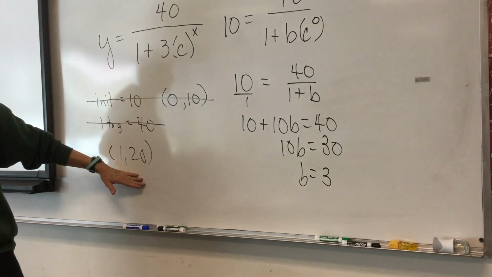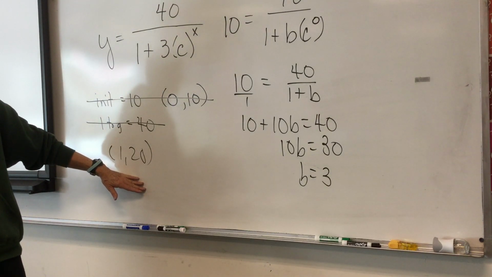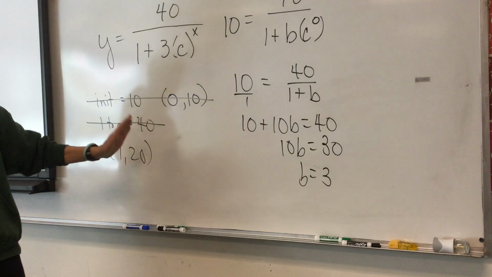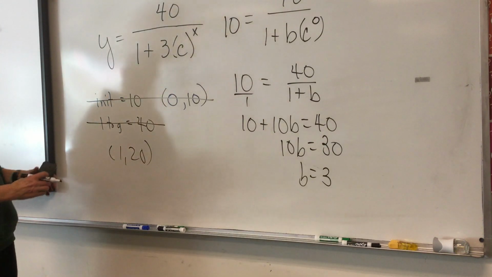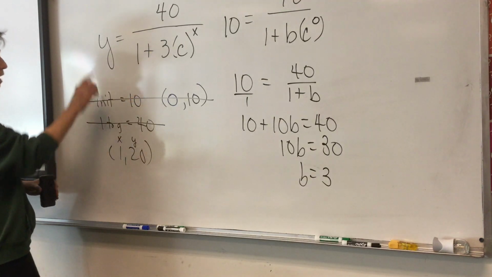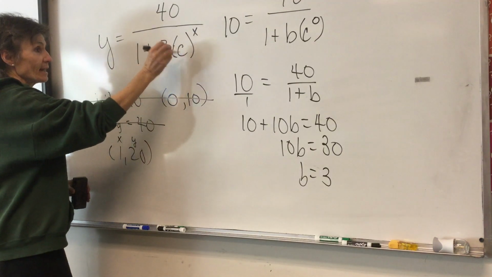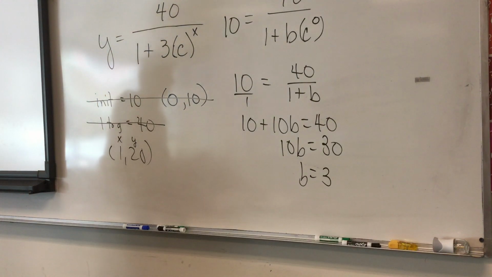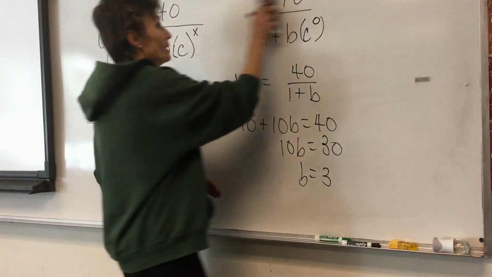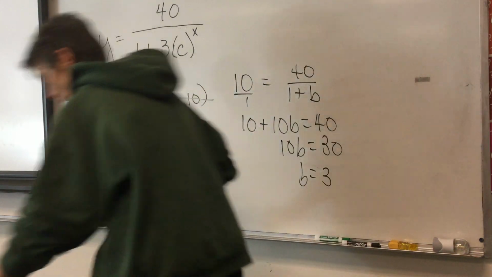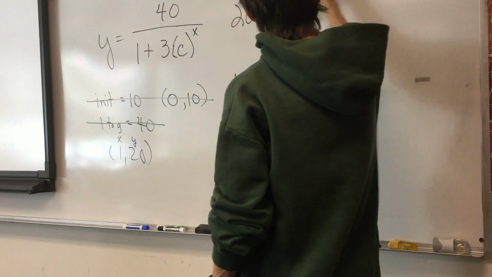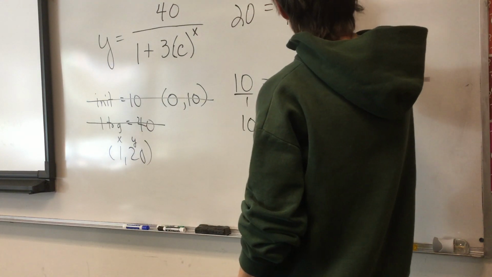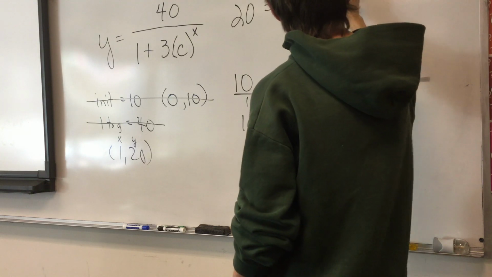Now, this last point down here is not special. It's a random point that's on the curve. But if I use this x and this y, can you see that I'll just have a c left and I'll be able to solve for it? So here we go. That's going to look like 20 equals 40 over 1 plus 3c to the first.